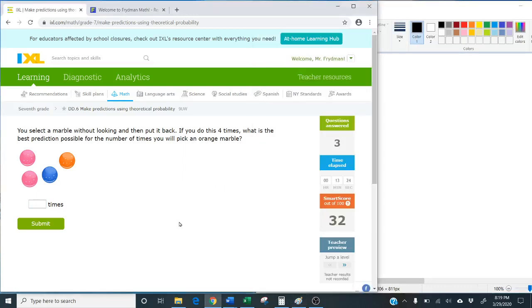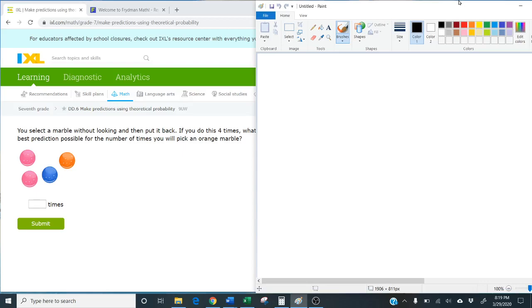Next problem. You select a marble without looking, no cheating, and then put it back. If you do this 4 times, what is the best prediction possible for the number of times you will pick an orange marble? The probability of picking an orange marble here, well, there's 1 orange marble, and there are 4 total marbles.